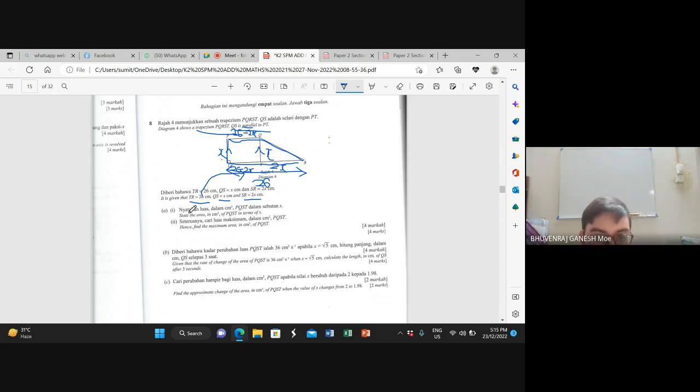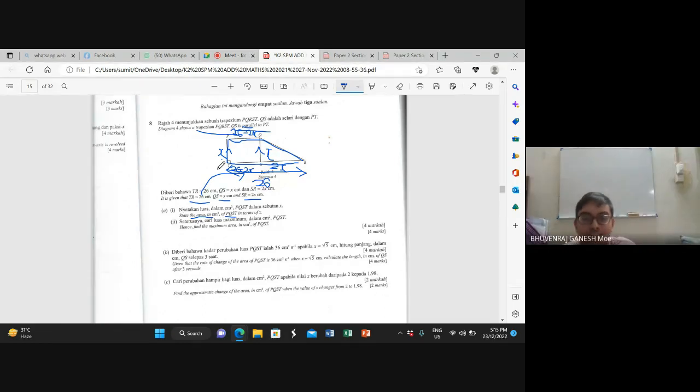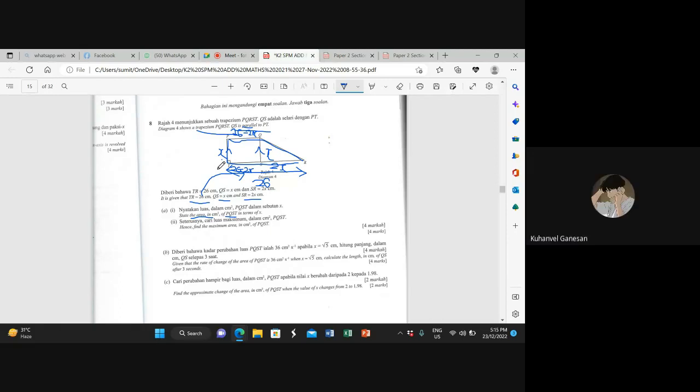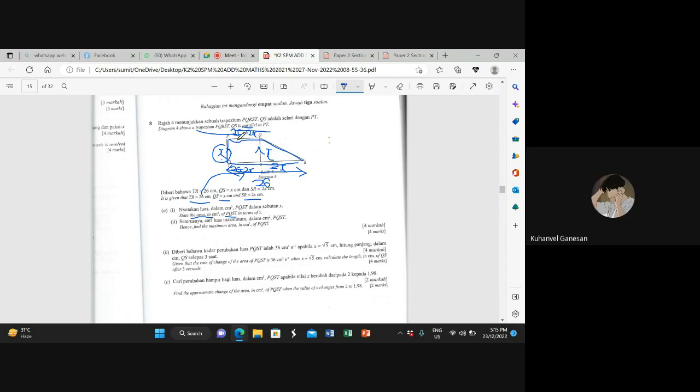Okay, so first question, they say state the area of PQST. So PQST is actually what shape? I don't think it's a square. Yeah, correct, it's not a square because you see here the lengths are different.